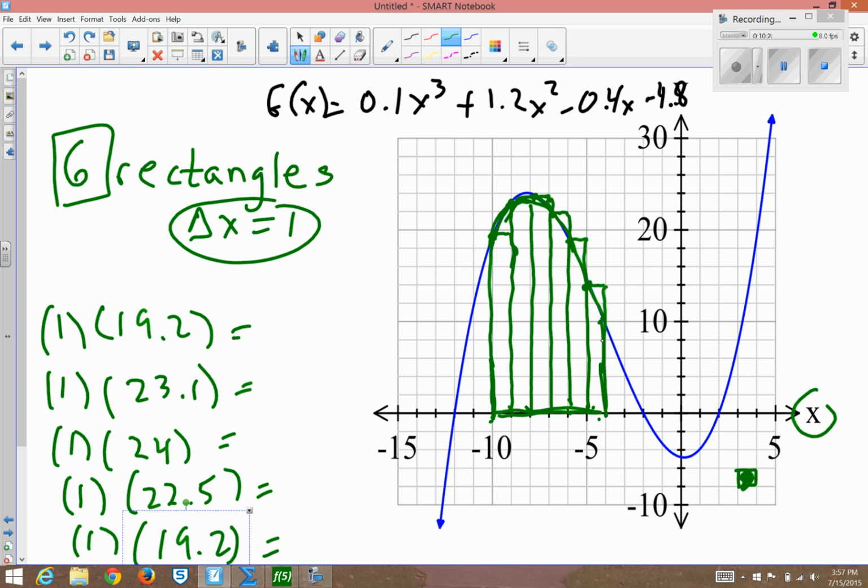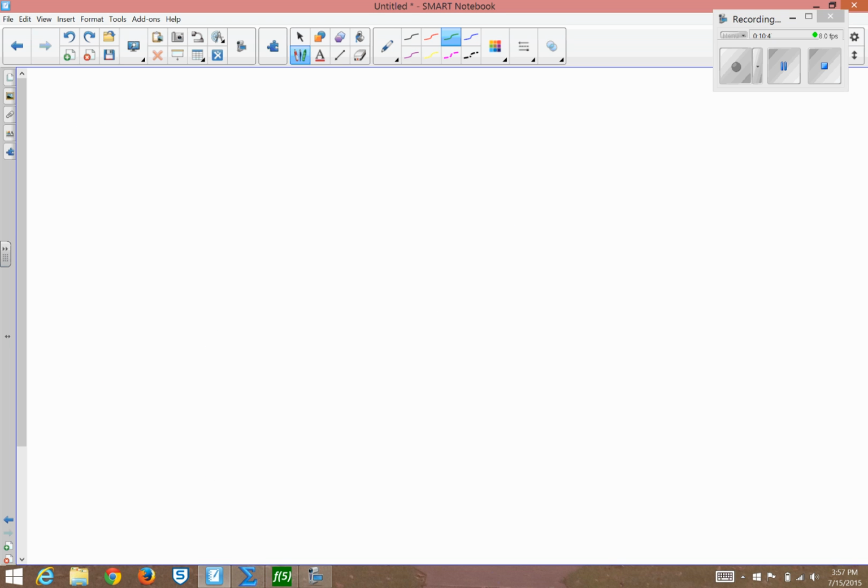And then the accuracy would be better. Obviously, the area of these rectangles is not exactly the same as the area between the curve and the x-axis. But if we could make 60 rectangles or 600 rectangles, then the accuracy would get better and better. So the following is the definition of what we call the definite integral.